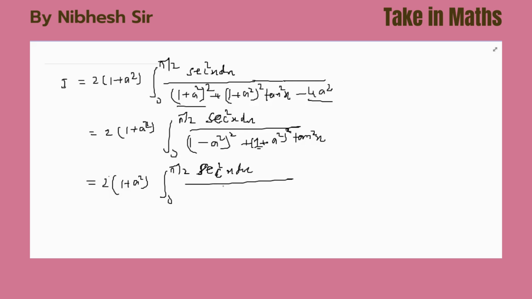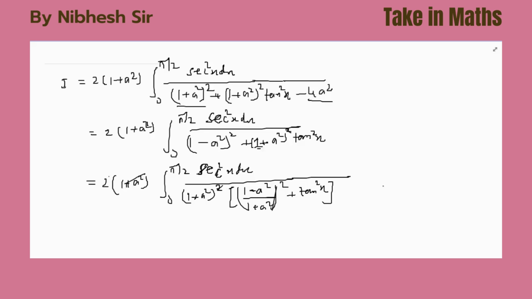divided by, taking (1 plus a square) the whole square common, (1 minus a square) by (1 plus a square), the whole square, plus tan square x. And I can cancel one of these values.